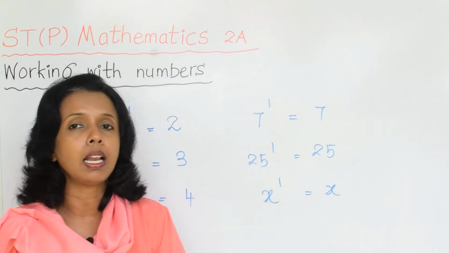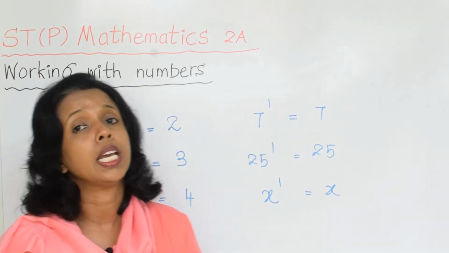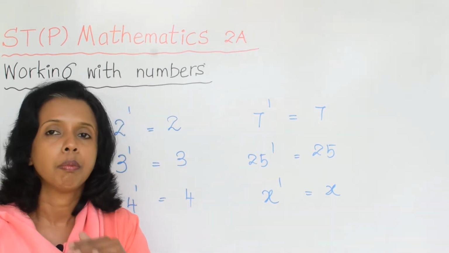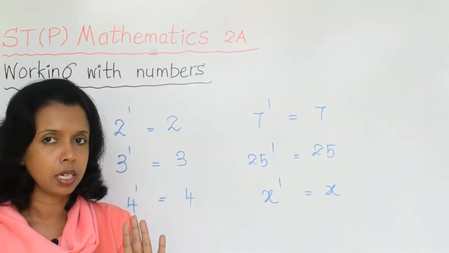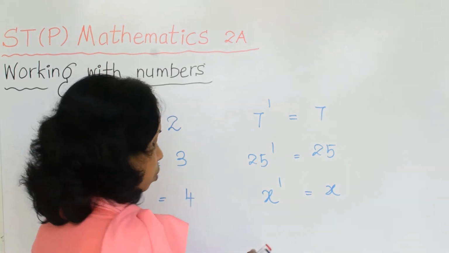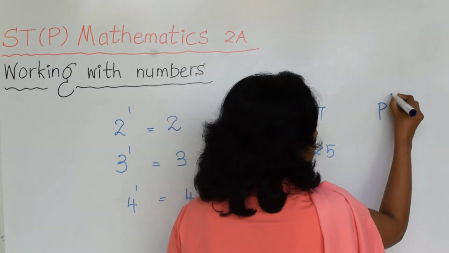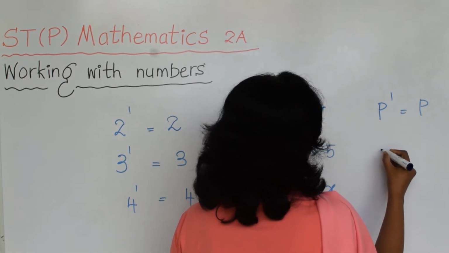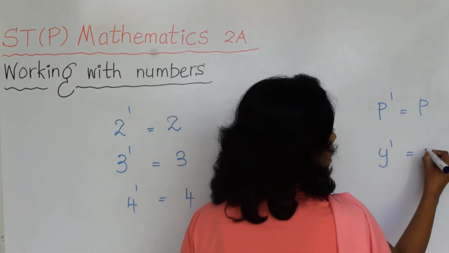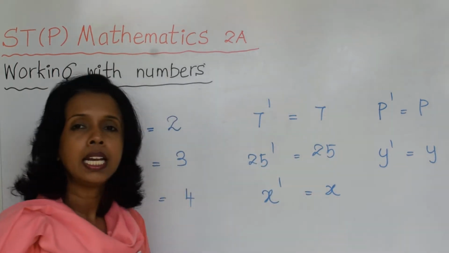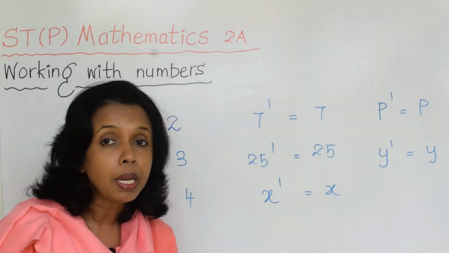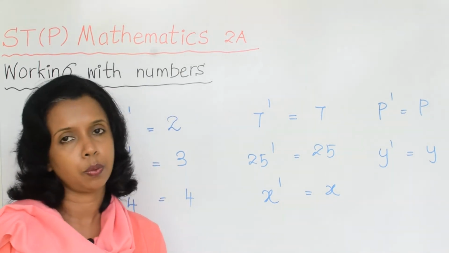So whatever the base value, if the index is 1, the answer will be the same base value. Got it? Right. So P to the power 1, answer is P. Then let's say Y to the power 1, answer is Y. So if the index is 1, the answer will be similar to the base value.